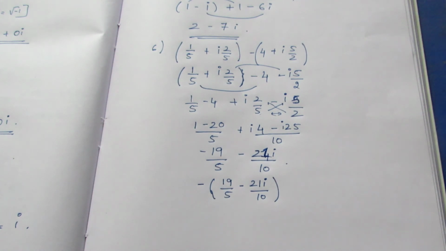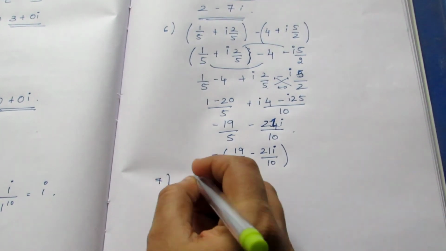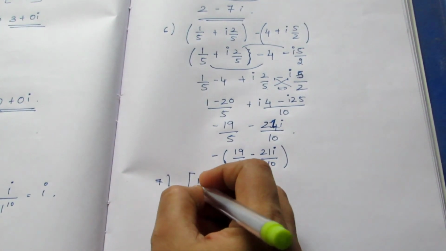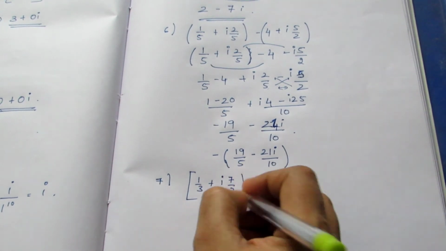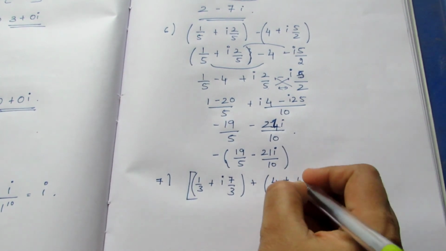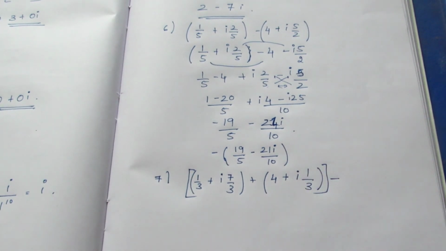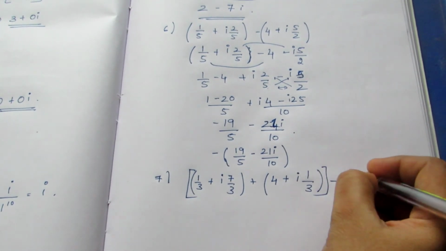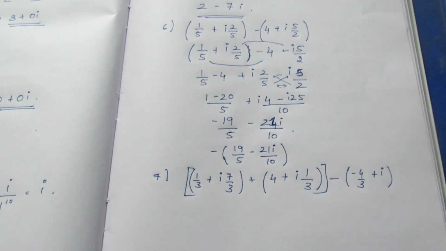Now we'll move on to the seventh one. In the seventh one, it's given as (1 by 3 plus i 7 by 3) in brackets plus (4 plus i 1 by 3) close bracket minus (4 by 3 plus i).